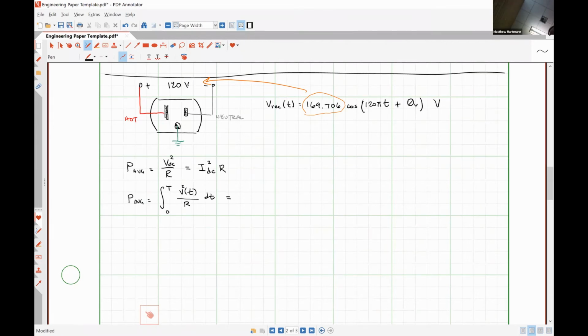Or similarly, it could be the integral over one period of the instantaneous current waveform squared multiplied by R with respect to time. Here we know that P is equal to I squared times R, and we're also using Ohm's law to express in the first case I as V over R, and in the second case V as I times R.